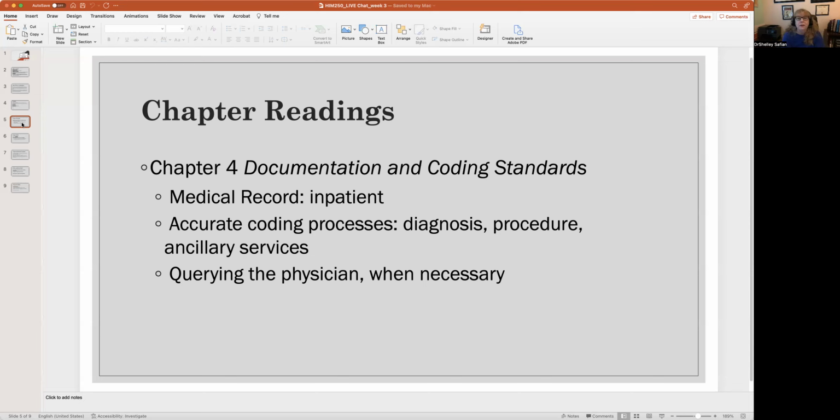And querying the physician when necessary. Seriously. Now, remember, you still have to read through the whole entire patient record. That's part of your job too. So you want to do that before you query because you don't want anybody to say to you, well, the answer is right here on the second page.